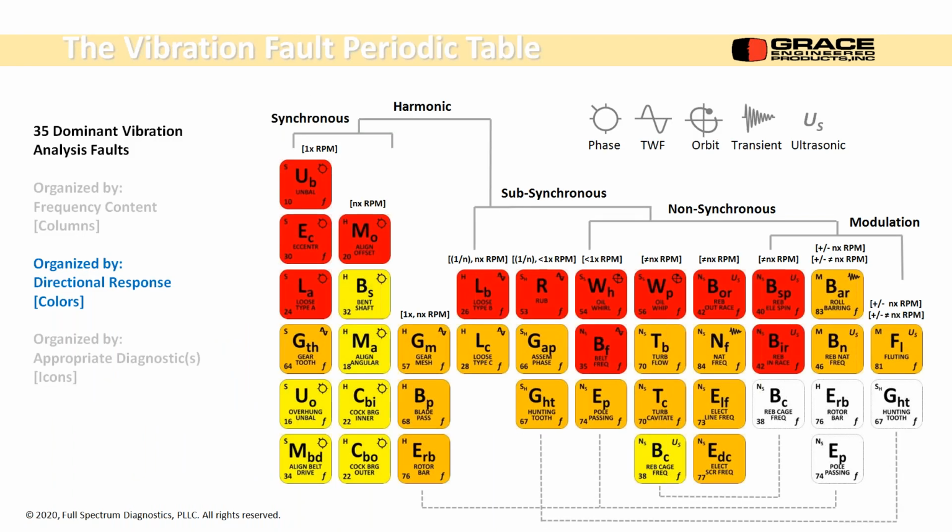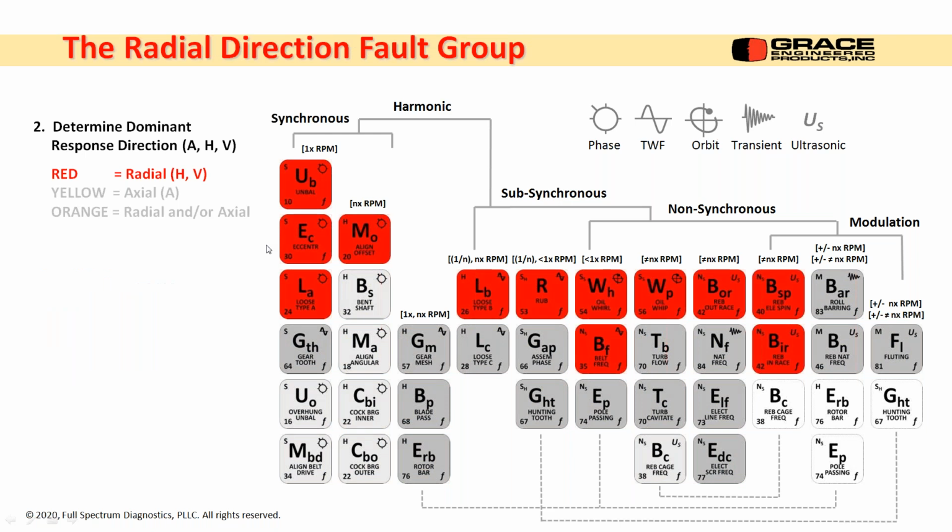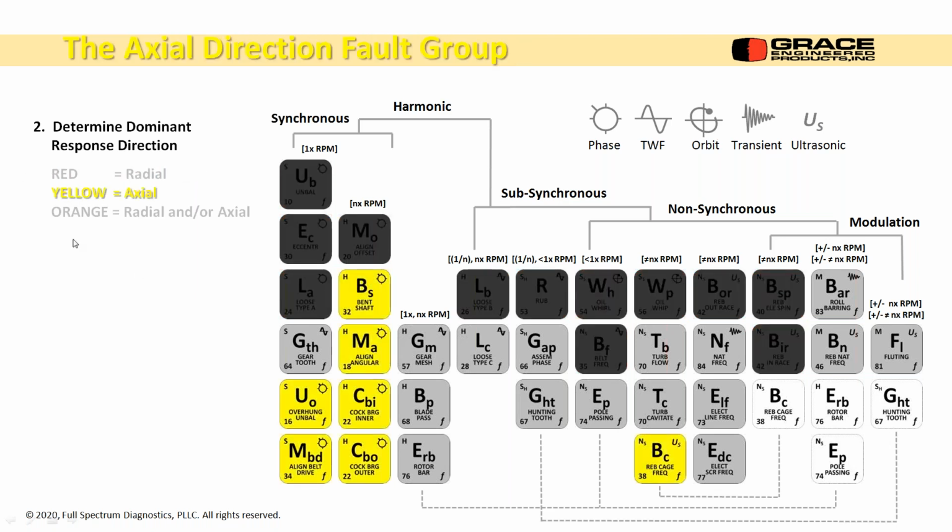Okay, so we sort it by frequency, and then we sort it by color or direction. In this case, the dominant direction for the red blocks is in the radial direction, so either horizontal or vertical or both. The dominant direction for the yellow blocks is axial.